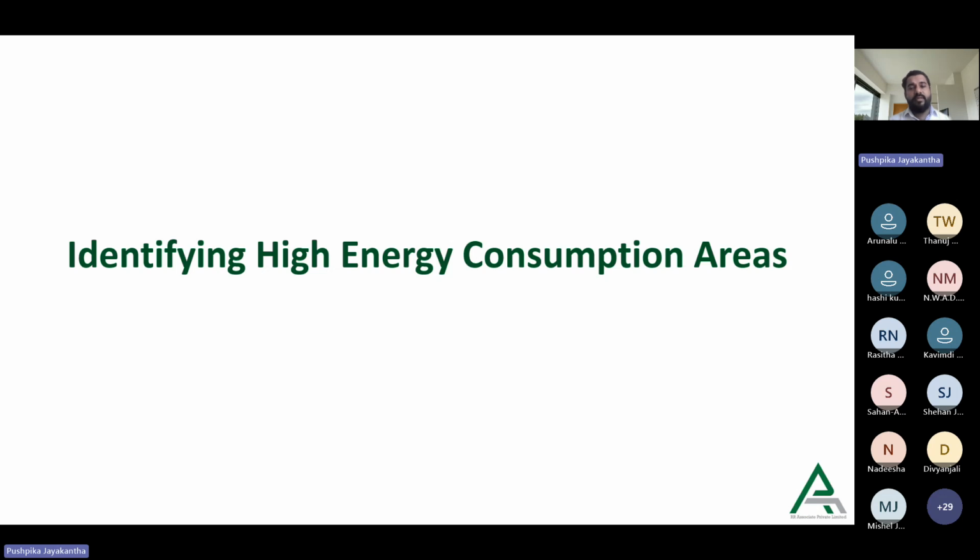These SEUs are the systems or processes that consume a large portion of energy or offer opportunities for improvement. So identifying significant energy users allows organizations to focus improvement effort where the largest impact can be achieved.